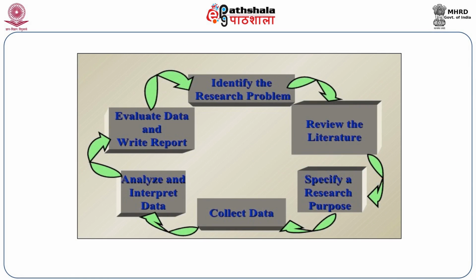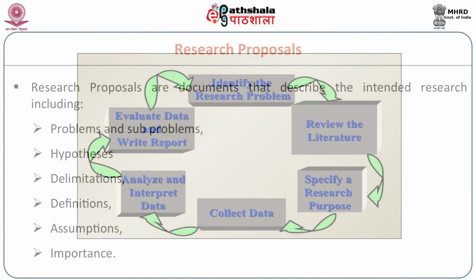Now you just see the figure, there are two things. Identify the research problem and collect the data. With these two, four other things are interconnected, that is evaluation of data and writing the report, reviewing the literature, analyzing and interpreting the data, and specifying a research purpose. All these things are in circular motion and you keep on taking up one after another.